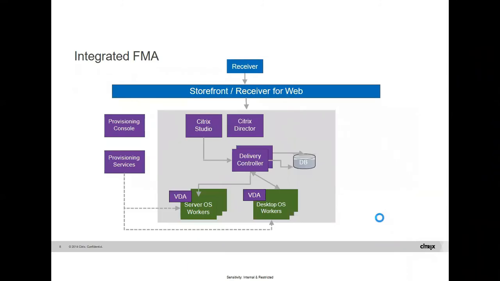Coming to how Citrix integrated this old IMA to FMA, now you have one architecture of FMA in which you are going to manage both your Citrix Zenith Engine and desktop. So you can manage through Citrix Studio.